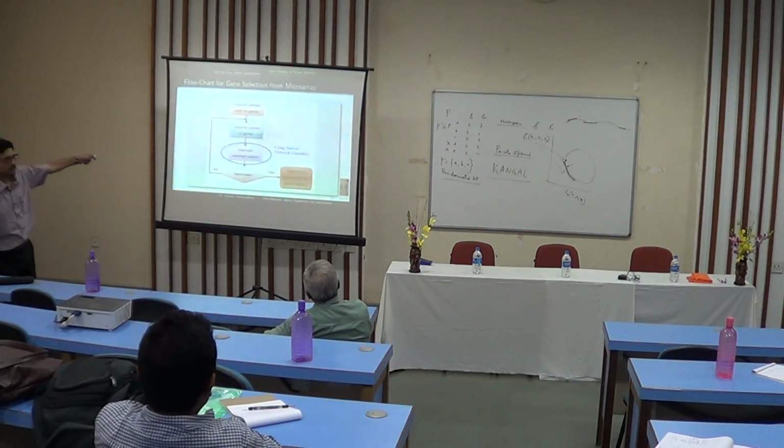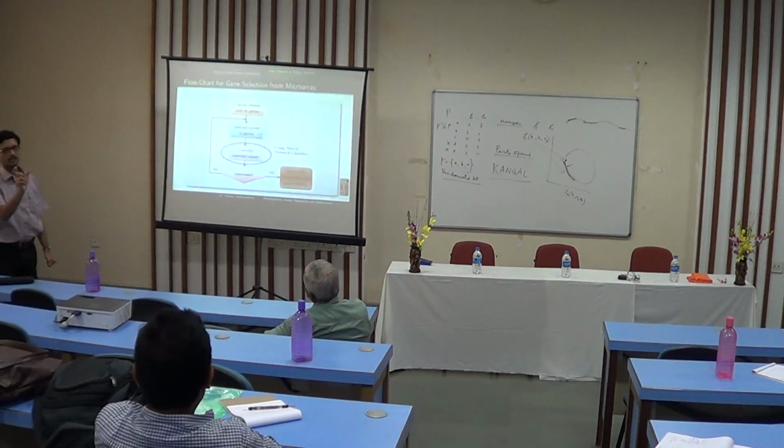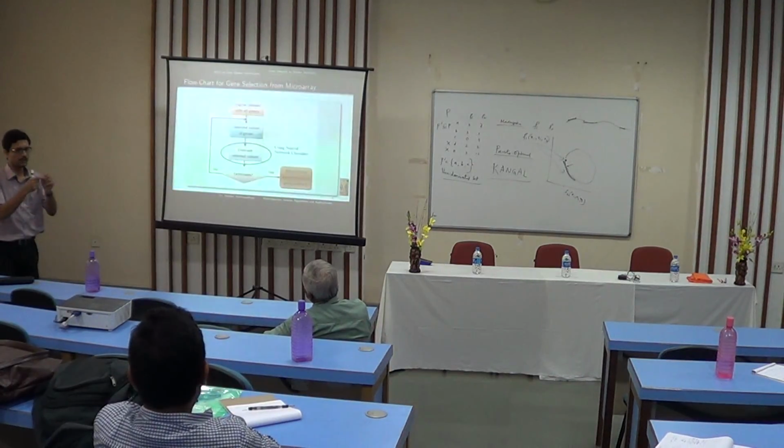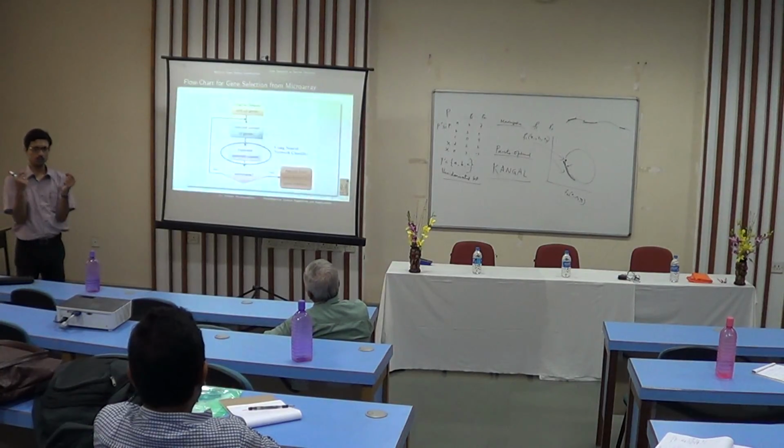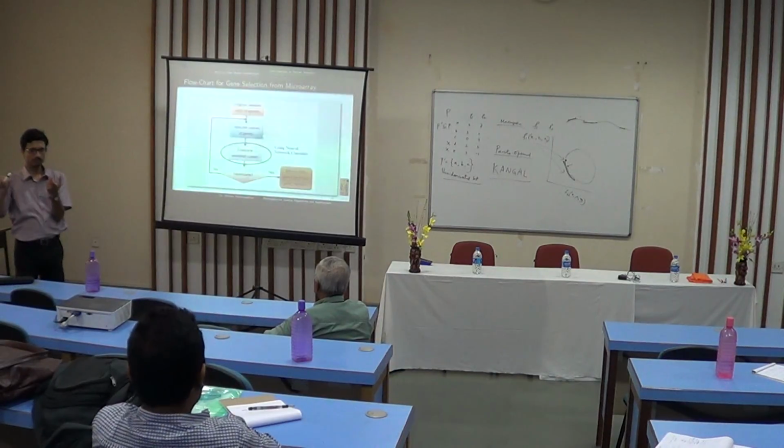Now, to evaluate the selected subset: what is a possible solution? A possible solution is a subset of genes. So we encode a possible set of genes in a chromosome. And to evaluate how good that set of genes is in classifying, we apply some classifier.